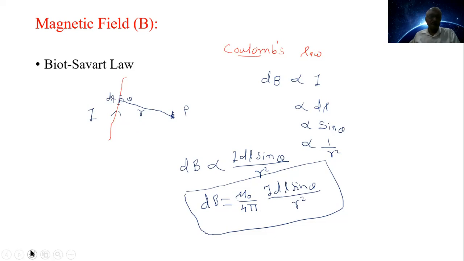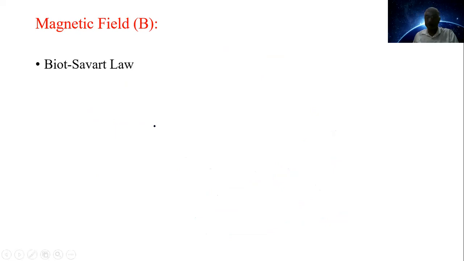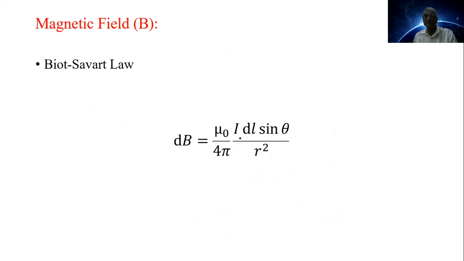Just as in electricity we have Coulomb's law, here we have the Biot Savart law. You have to remember this statement: dB is equal to mu 0 upon 4 pi into I dl sin theta upon r square, which can be used for the determination of the magnetic field due to the current.